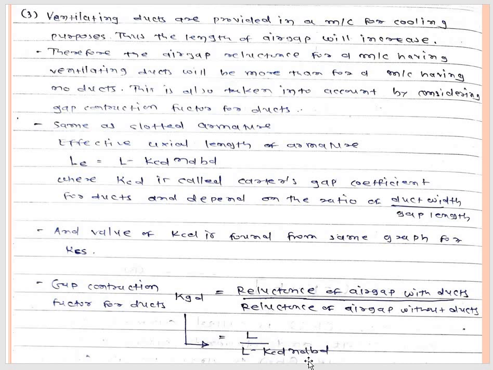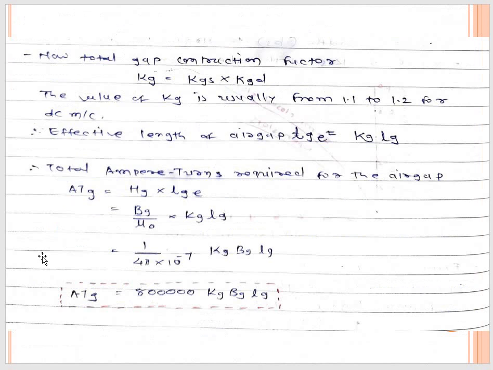And bd is multiplied by nd because we don't know how many ducts there are, where nd is the number of ducts. So this is our equation for the gap contraction factor for ducts, kgd.